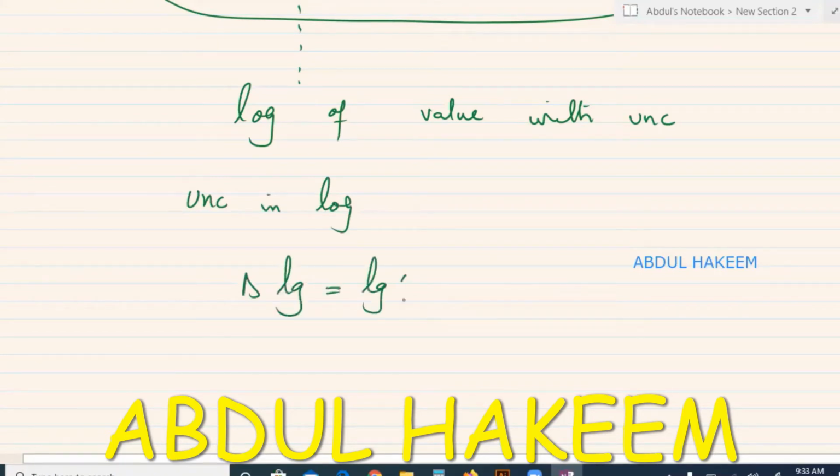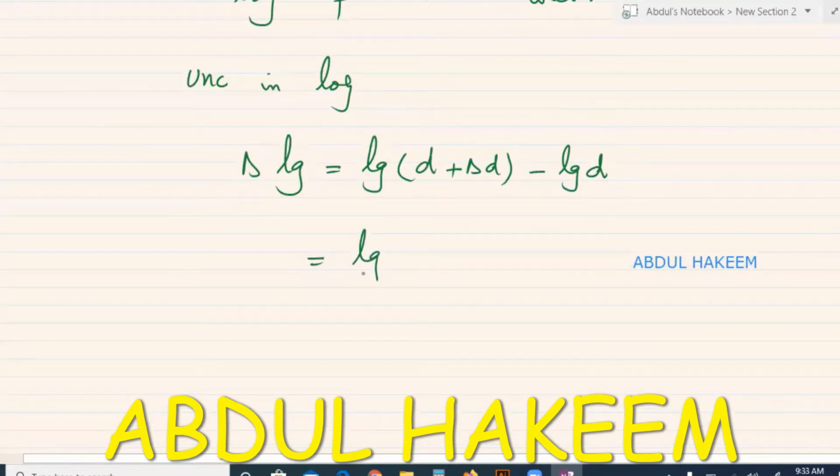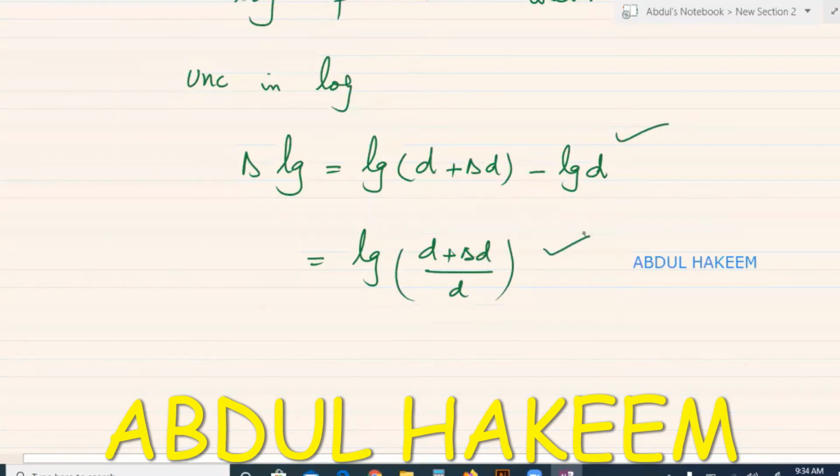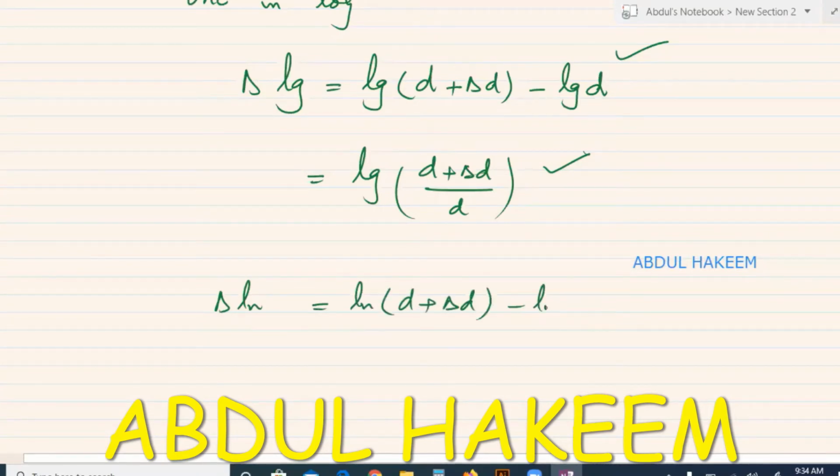So the formula is log of the value plus its error, log of d plus delta d minus log d, which can be written as log of d plus delta d over d, because this minus is actually division in log. So either use this formula or this formula. And similarly for delta ln, it is ln of d plus delta d minus ln d, or in short, we can write ln of d plus delta d over d.